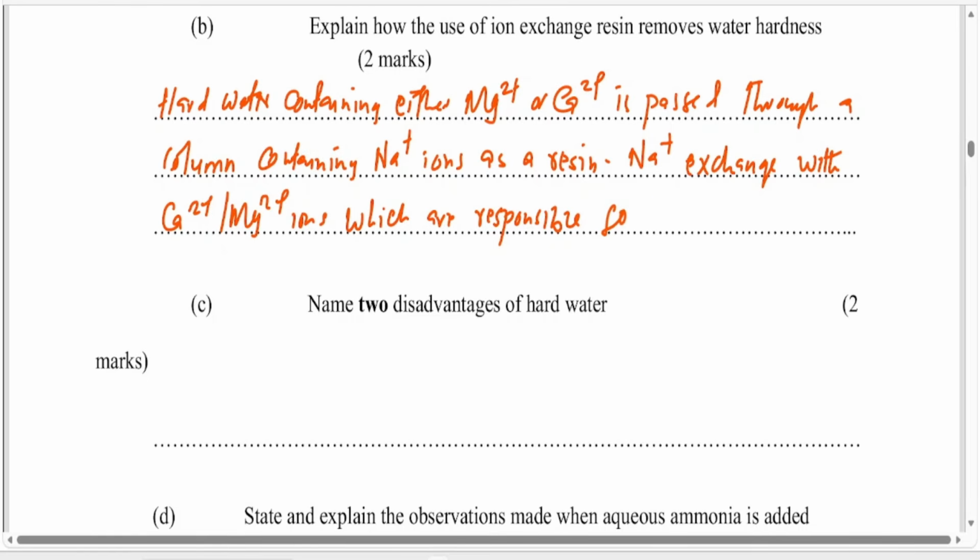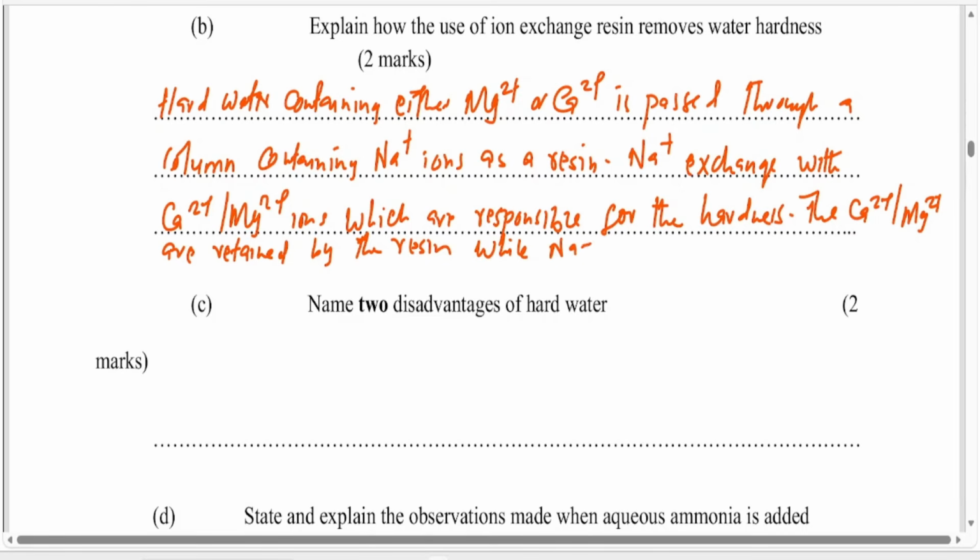The calcium ions and magnesium ions are retained by the resin, while sodium ions are released into the water, making the water soft.